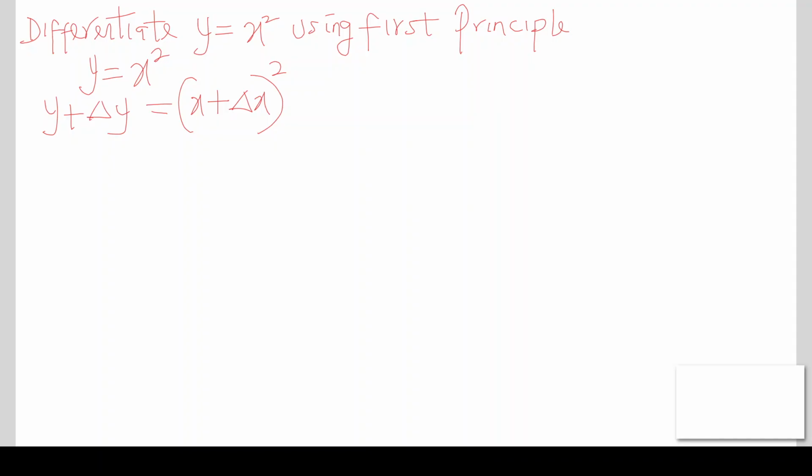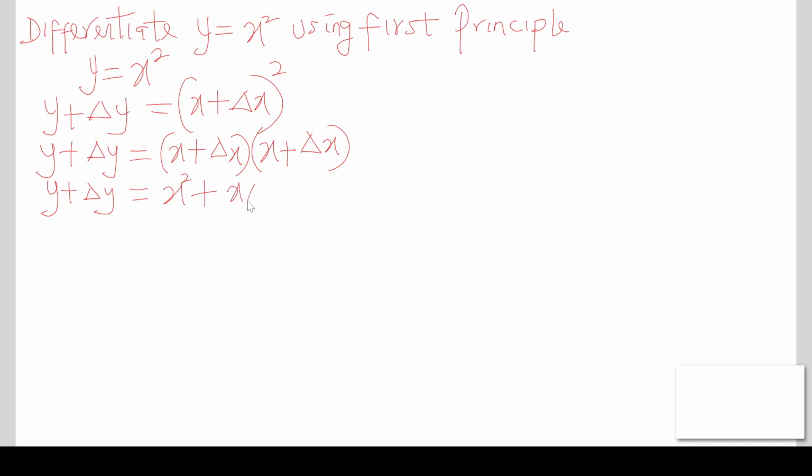So we have this. Then the next thing is we need to expand. So we have y plus delta y equals x plus delta x multiplied by x plus delta x again. So expanding now, we have y plus delta y equals x squared, because x multiplied by x is going to be x squared, plus x delta x, that is x multiplying delta x.